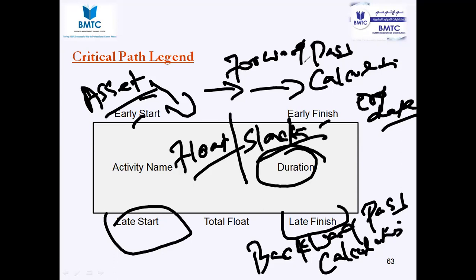Since it's a fixed price contract, can the client take the complete float for themselves? Can the client say to the contractors, I've given you the network diagram, so I'm going to take the complete float? No, right? No.